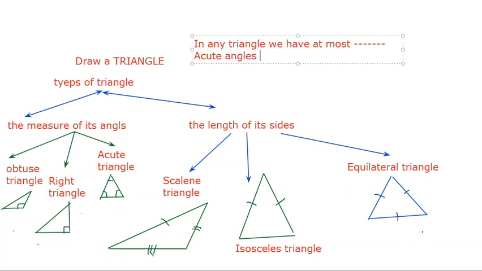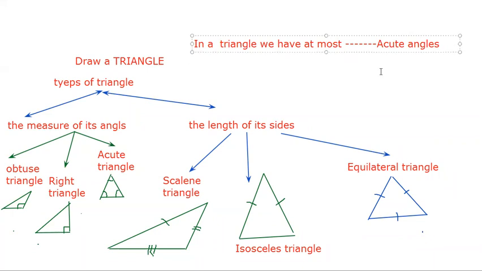In a triangle, we have at most how many acute angles? Three. Yes. And if I change the words at most, the maximum number of acute angles in any triangle should be three.